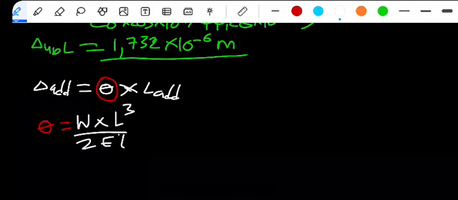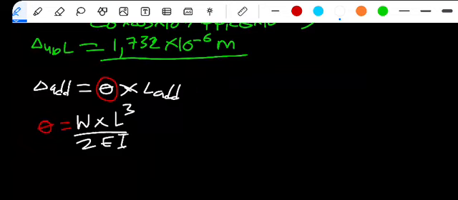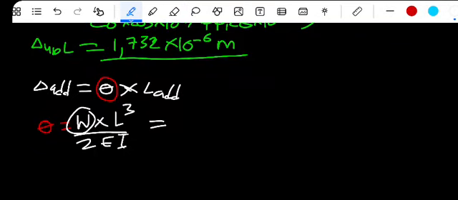Remember, talking about the slope due to the point load, the slope is for the point load, it is not the additional. So we have this point load. What is the point load?